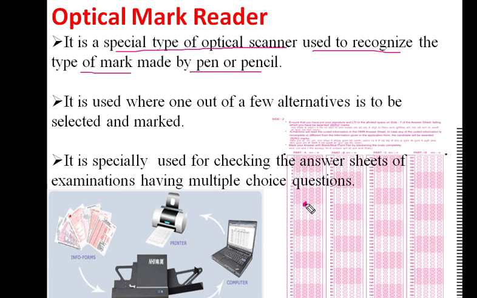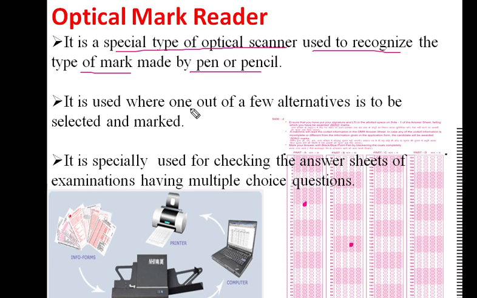So this data is going to be read by this device, the optical mark reader. For example, in your CET you have seen this kind of answer sheet. Here multiple options are there. Among these we can choose any one option with the help of a pen or pencil. If you mark this as an answer, then this device is going to read these answers.